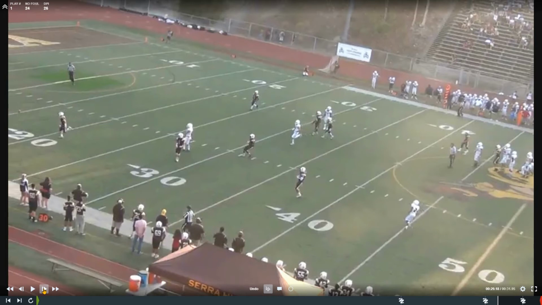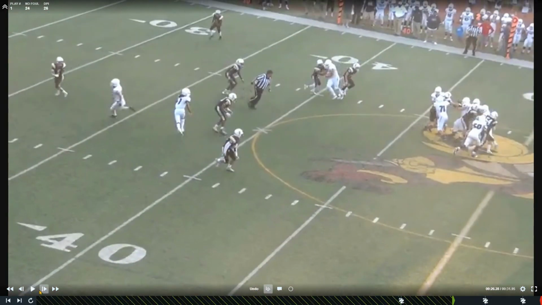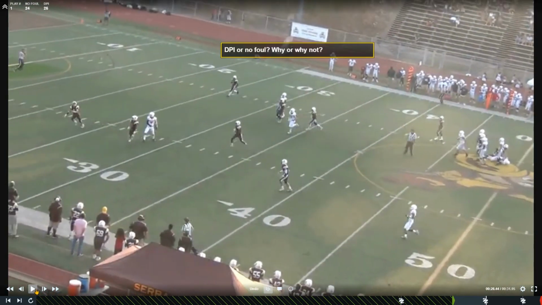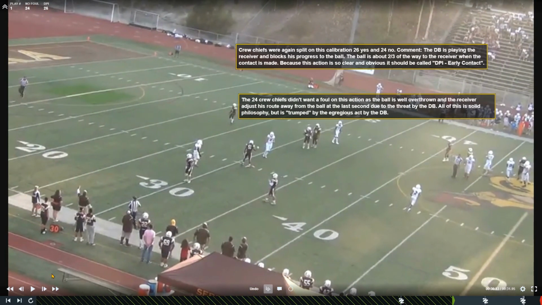But good judgment might say that it does come into play, that the ball was so far away from the receiver, this couldn't be pass interference. But this contact is ridiculous. I mean, look at that. He just flattened him, just smacks him.